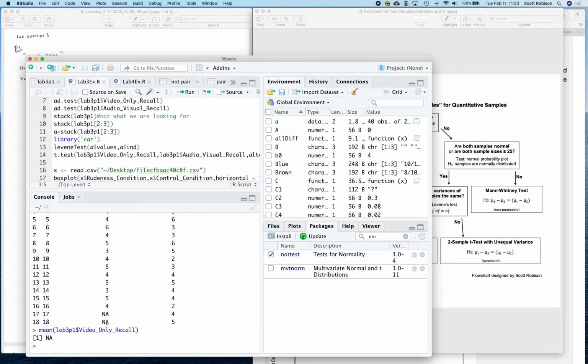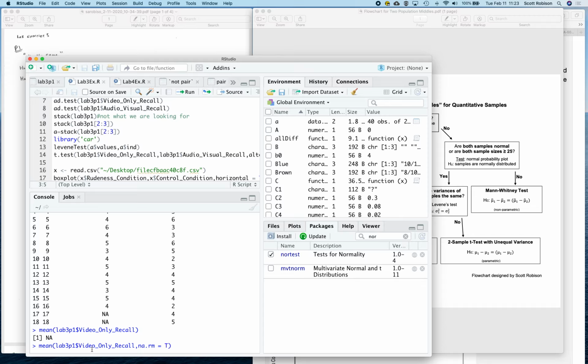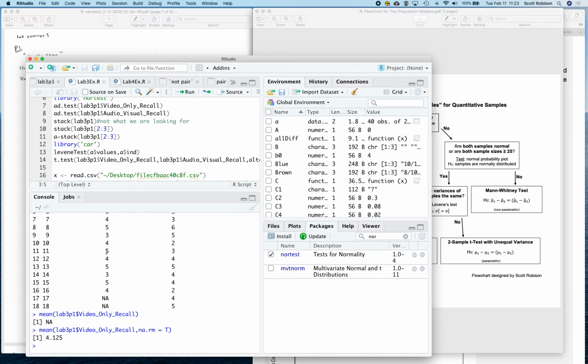An issue happens here because when it's trying to find the mean, these aren't numbers, so it can't really deal with it. So if you do have NAs in your data, then use the command na.rm equal to true, and then you can actually find out what the mean is when you ignore them.